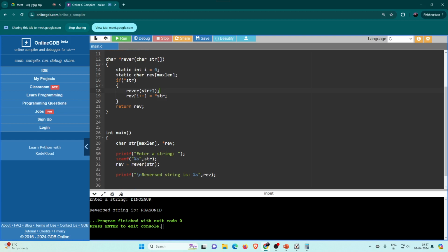That is when I'll return r, then go back one step and return. All of DINOSAUR was waiting in a stack. Since stack is last in first out, I'll first return r, then a, then u, then s, then o, then n, i, then d.